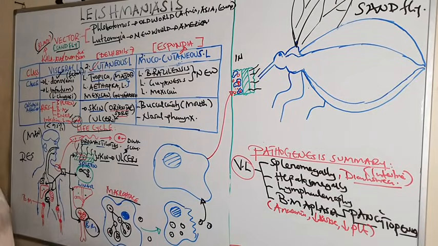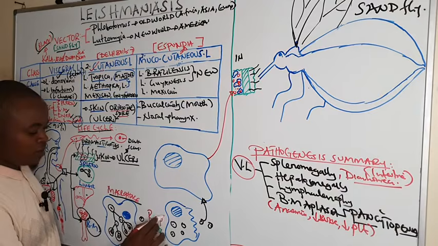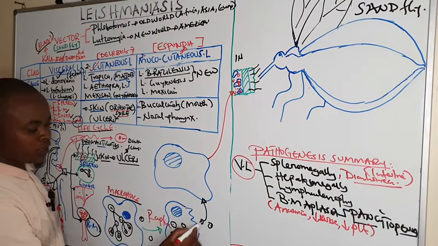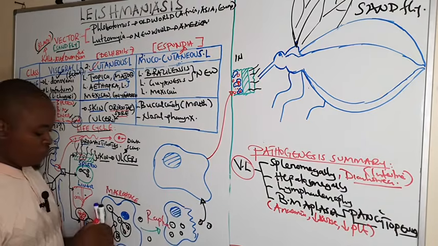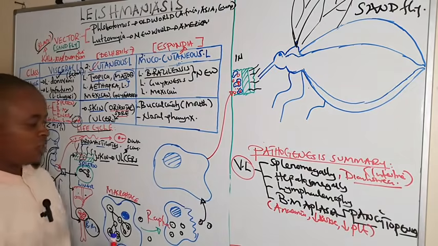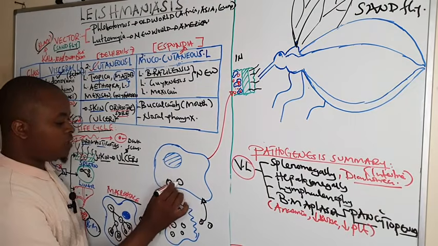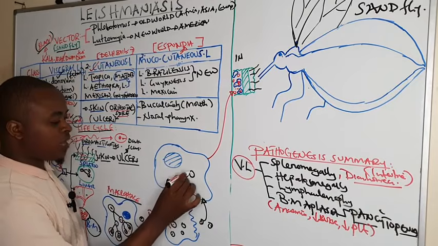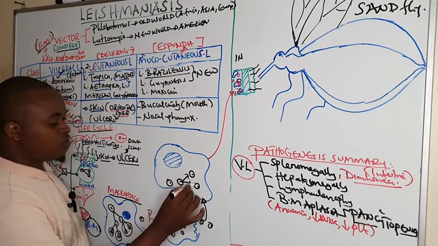And as we said, at the end they rupture, and when they rupture, these amastigotes come and infect new macrophages within these tissues. So you find these amastigotes continue to multiply by binary fission, forming new cells.